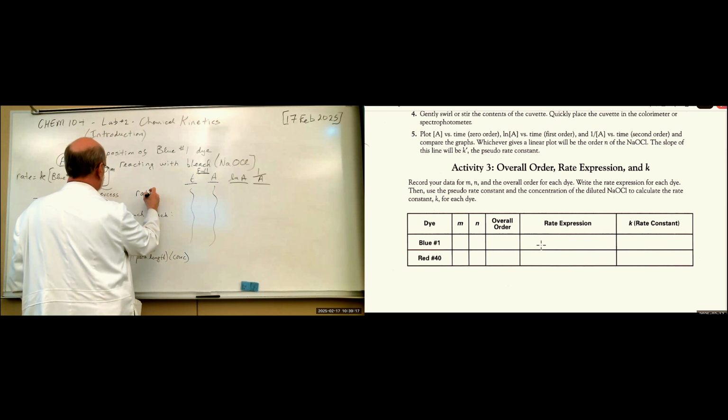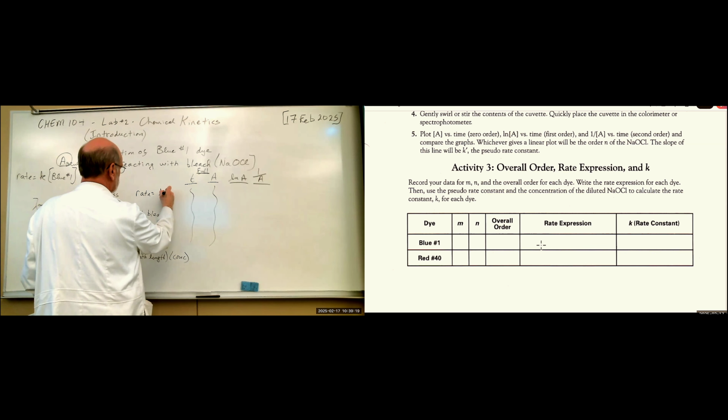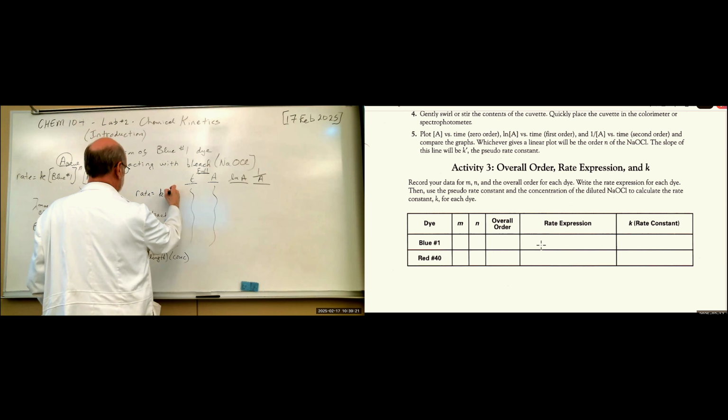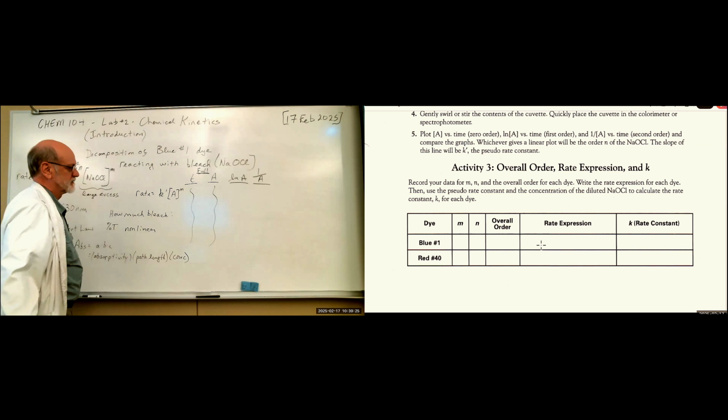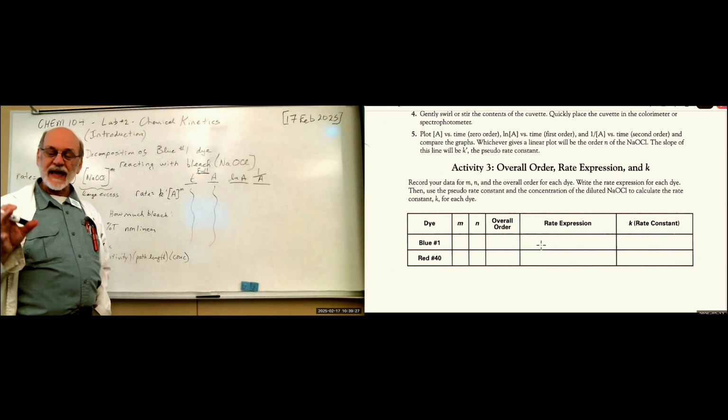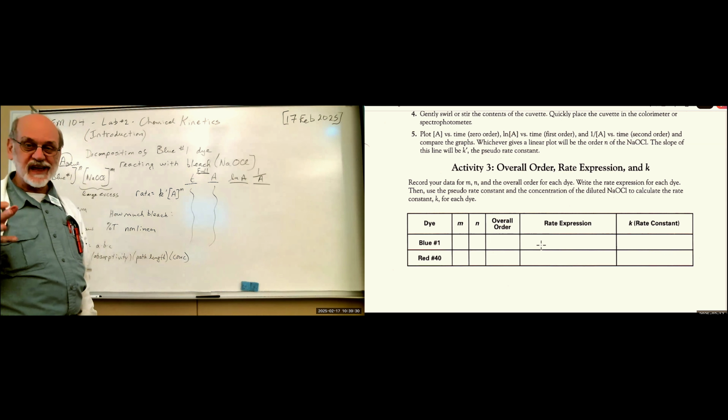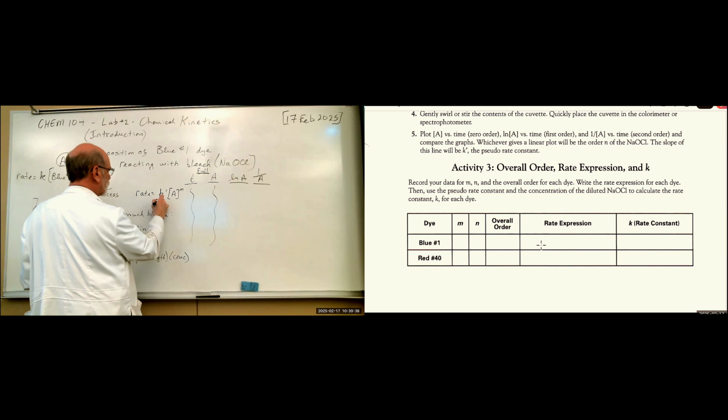At that point, we will have an expression that says rate equals K prime, absorbance to whatever the N is. But K prime is not our final answer. We want K. So we have this one for full.